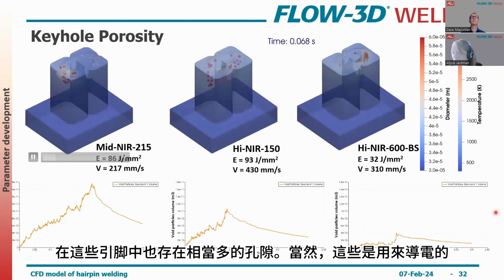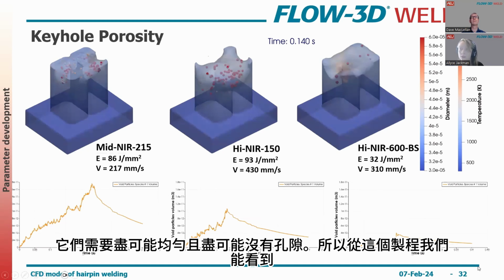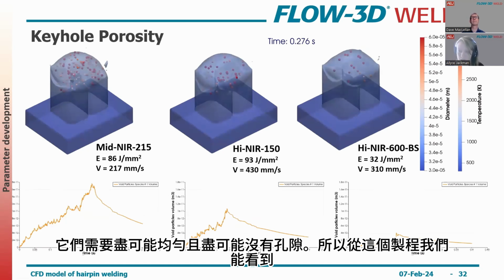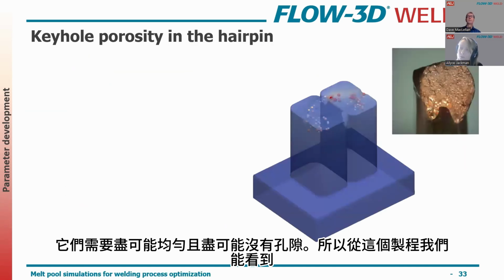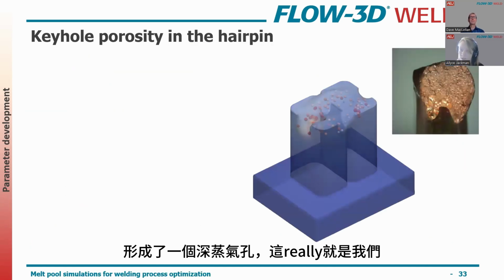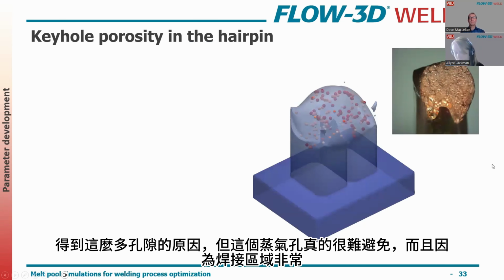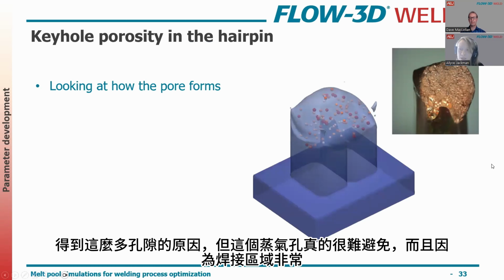And of course, these are meant to conduct electricity. They need to be as uniform and lacking of porosity as possible. So what we can see from this process is that there's a deep keyhole that forms, and this is really why we're getting so much porosity, but there's no real avoiding of that keyhole.